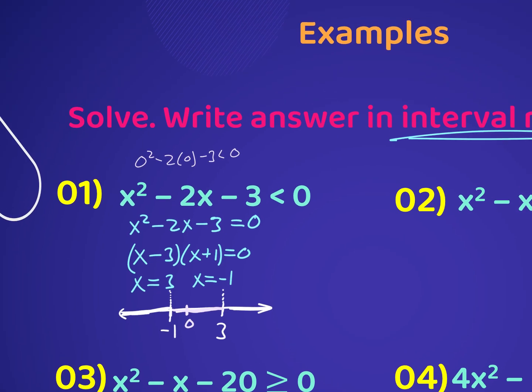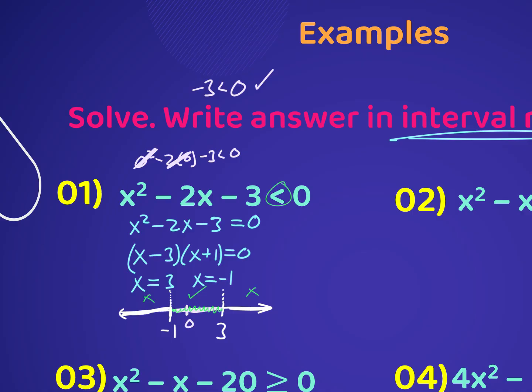So 0 squared goes away, negative 2 times 0 goes away. I get negative 3 is less than 0. Is this a true statement? It is. And if it's a true statement, that means this entire middle section works and these outer two do not. So I'm going to shade in between.